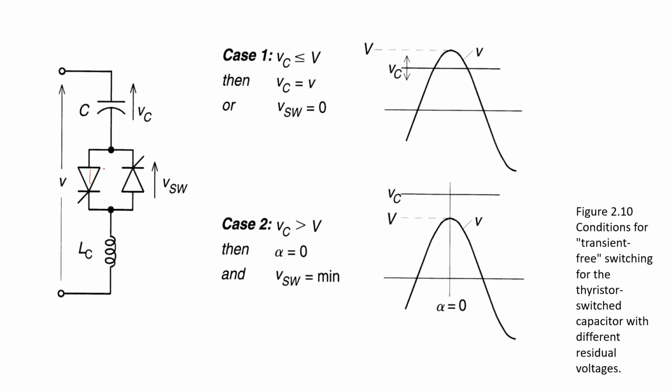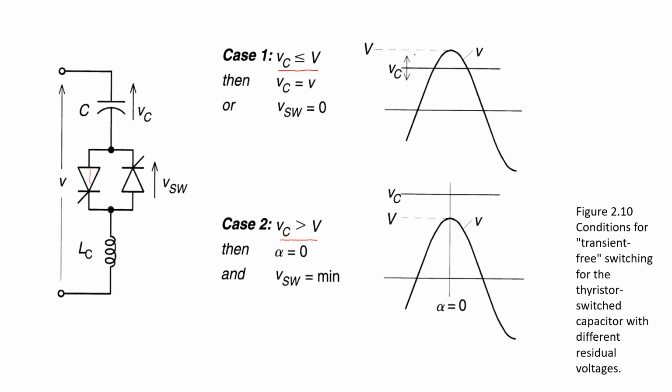But next time when you are going to switch on the thyristors, there may be some conditions. The first condition is that the charged capacitor voltage is equal to or less than the supply voltage. And the second case, the charged capacitor, definitely is from the previous charging history, where the charged capacitor voltage is greater than the system voltage.